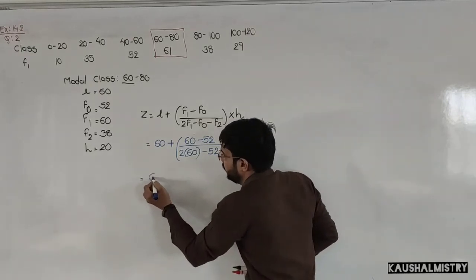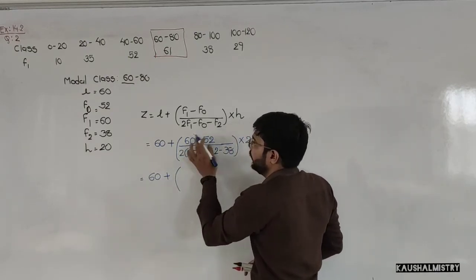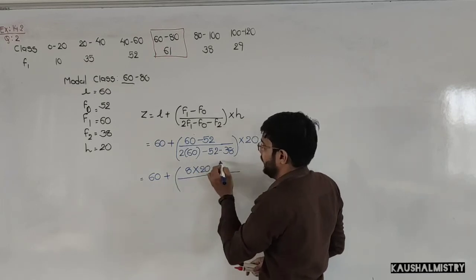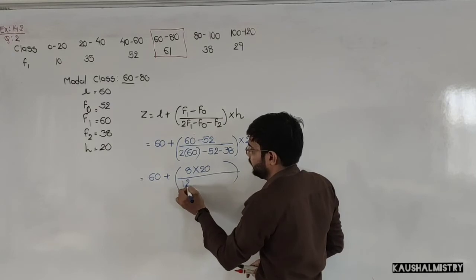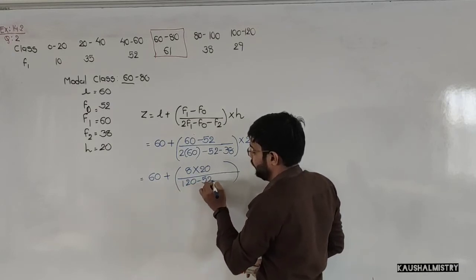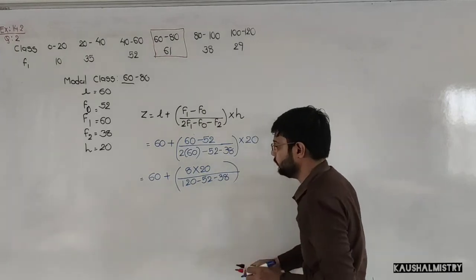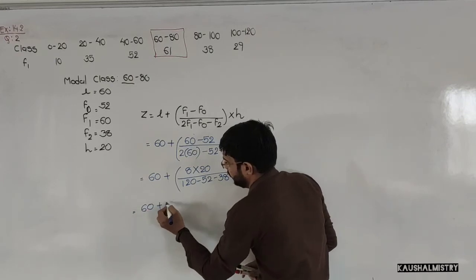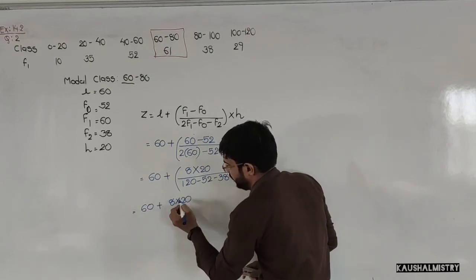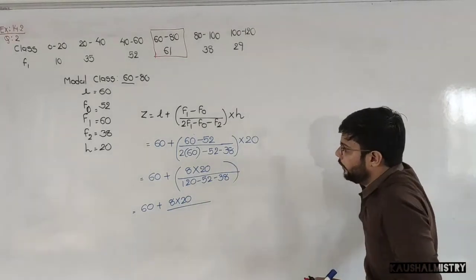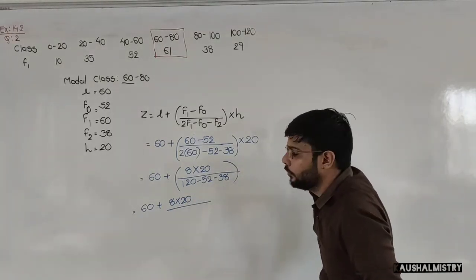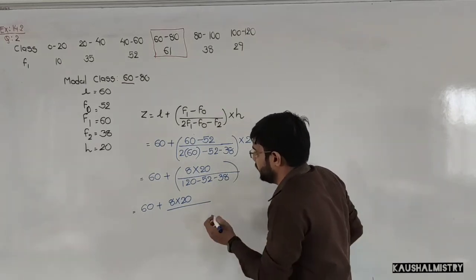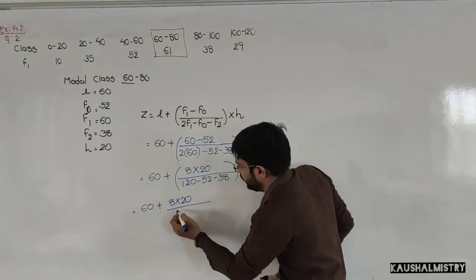So this will be equal to 60 plus 8 multiplied by 20 upon 120 minus 52 minus 38. 120 minus 52 will be equal to 68. 68 minus 38 will be equal to 30.